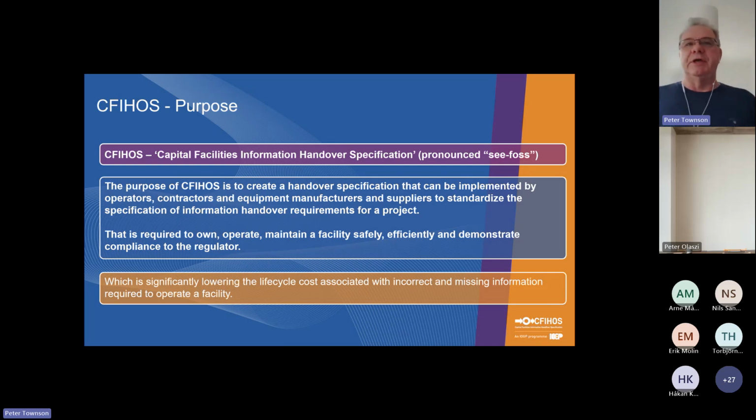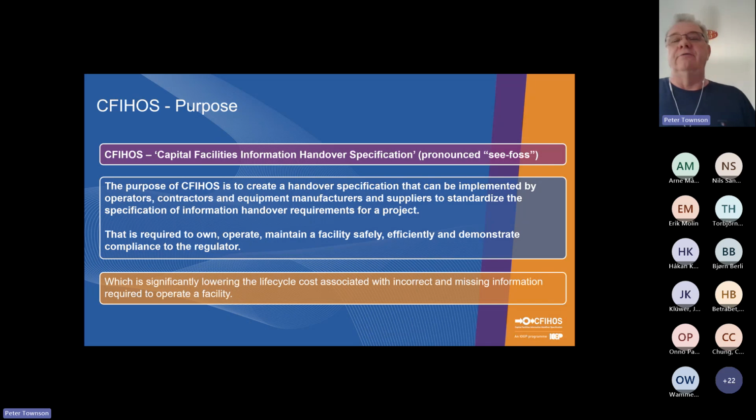So this is our purpose statement, and we're creating a handover specification. The important thing is that it's a practical handover specification that can be implemented right across the supply chain and right across all project life cycles.